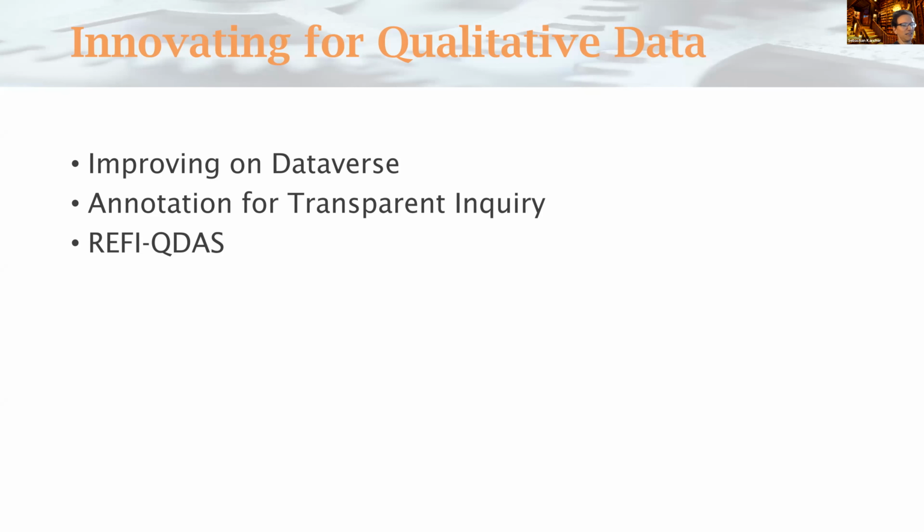The second is an initiative where we thought about how transparency could look for qualitative research that we call Annotation for Transparent Inquiry, or ATI. And then we are starting to look more closely at how we can archive and share the outputs of qualitative data analysis software products, such as NVivo, ATLAS.ti, and MAXQDA, et cetera. So let me talk about all three of these briefly.